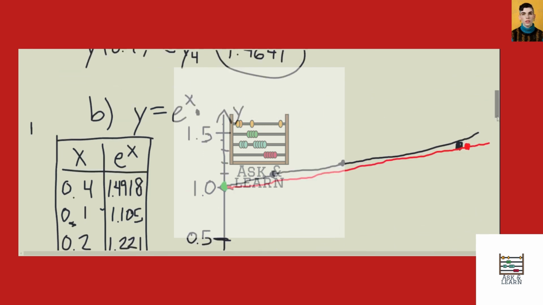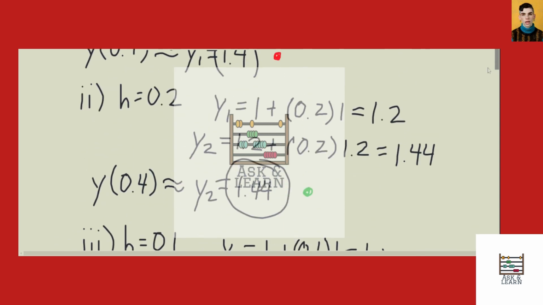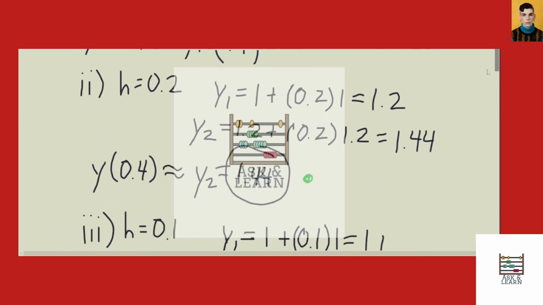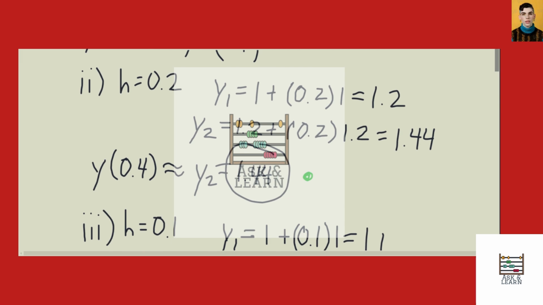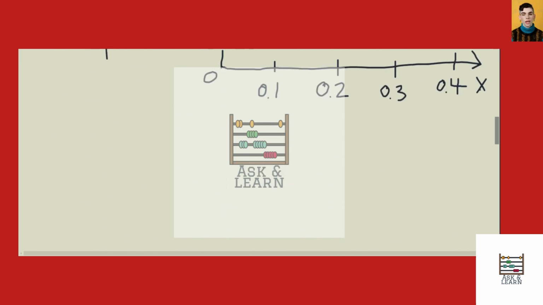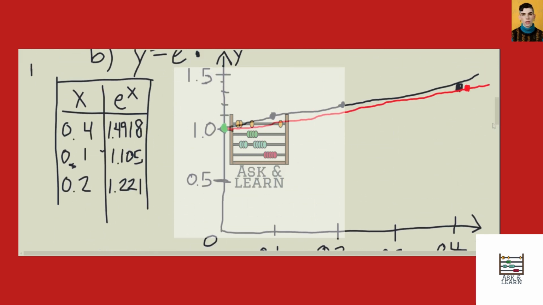And we have that the point x1, y1 is going to be the point 0.2, 1.2. So 0.2, 1.2. Definitely closer than our estimate from part A.